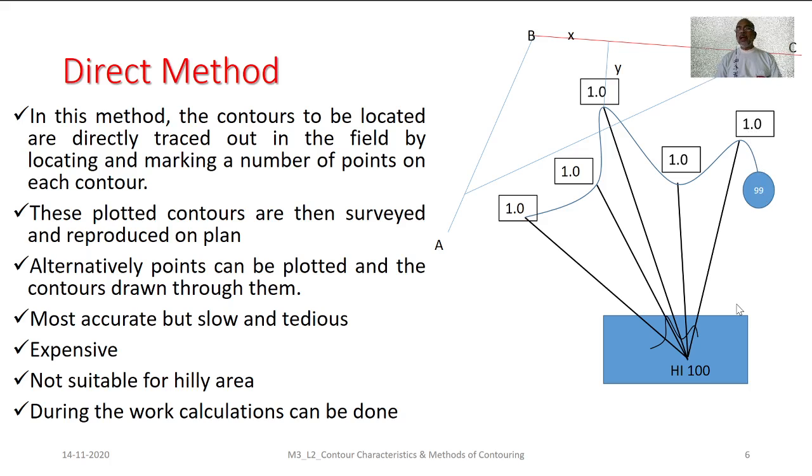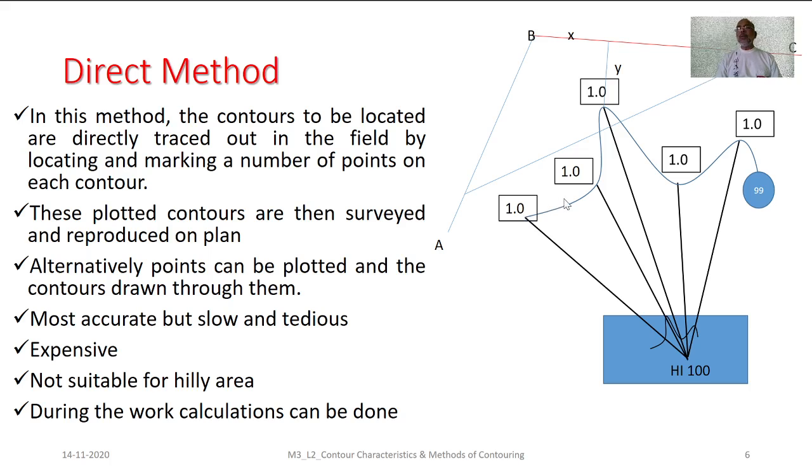So what we can do is, the person at the instrument position will instruct the staff man to move in such a manner that he will be able to have a reading of 1 meter. As at this particular end the reading is obtained as 1 meter, he will instruct the staff man to drive a peg.